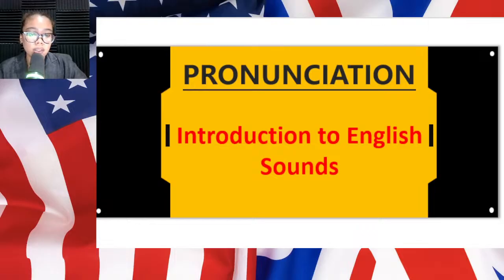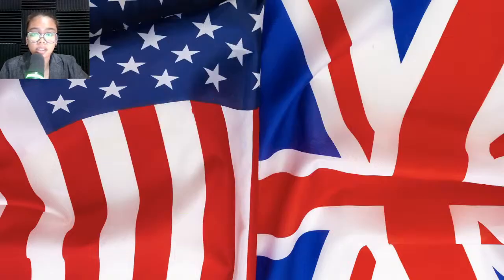The focus is introducing the concept that English has a distinct sound system. We explain the difference between letters and sounds, and then we are also going to briefly introduce the IPA as a universal tool for understanding and transcribing sounds, focusing on its utility for self-correction and understanding dictionaries.